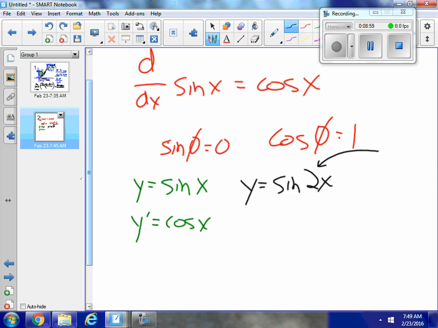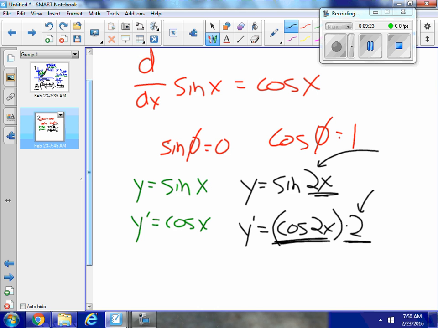So the derivative of sine 2x is equal to cosine 2x times 2, the inside function. This is my outside function. This is my inside function. It's this 2 that is making the difference here, and why I have to use the chain rule in order to account for these changes in slope.